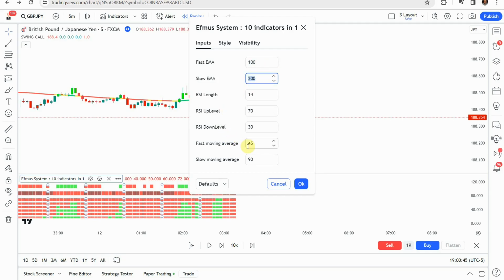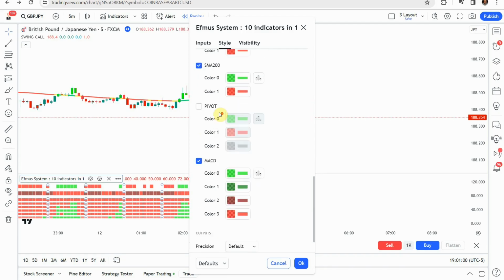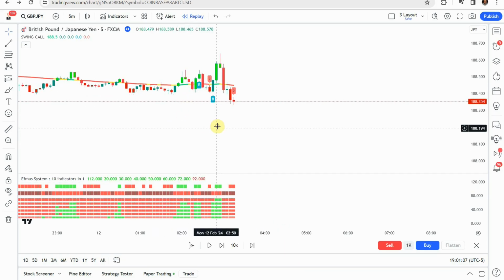You're going to change the fast moving average to 45 and the slow moving average to 90. Then click over to the styles. You're going to turn off the EMA cross, and then you're going to scroll down and you're going to turn off the pivot right here. Click OK, and you should have what I have on screen now.